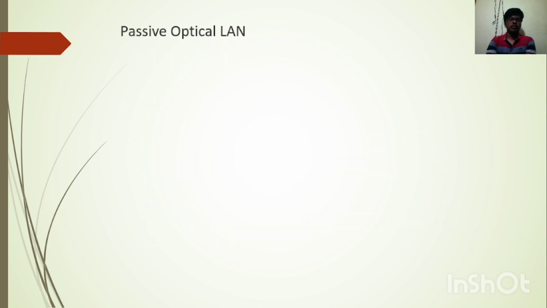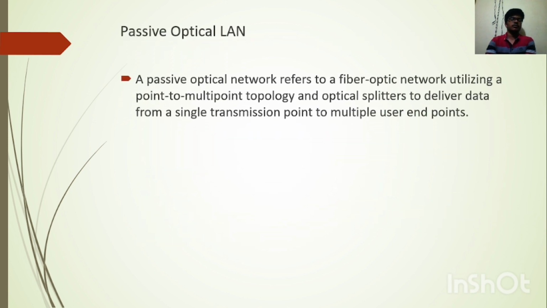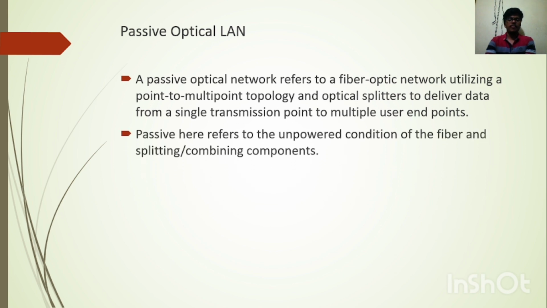Next, we have passive optical LAN. A passive optical network refers to a fiber optic network utilizing a point to multi-point topology and optical splitters to deliver data from a single transmission point to multiple user endpoints.